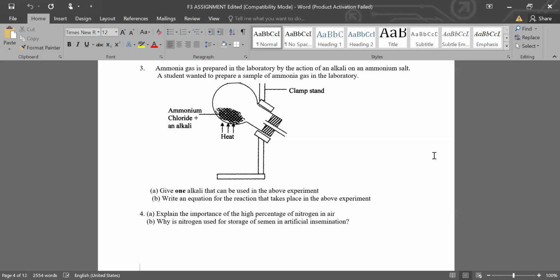So ammonium chloride, calcium hydroxide, the product will be calcium chloride, ammonia gas, and water. I repeat, ammonium chloride reacting with calcium hydroxide, the product will be calcium chloride, ammonia, and water.